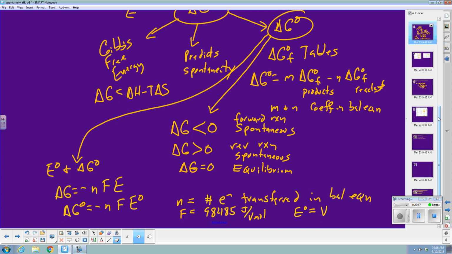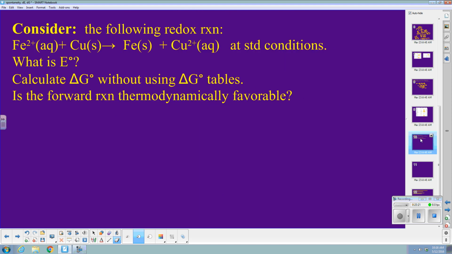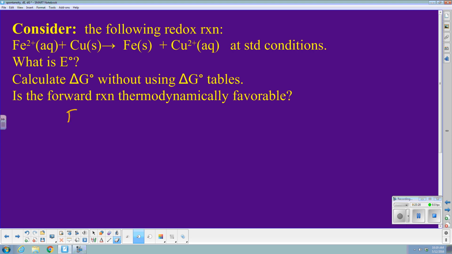So we need our last slides. Here it is. Okay. So first thing you have to figure out is how many electrons are transferred. So we have to look at our actual half reactions, right? So I have iron 2 plus plus 2 electrons going to iron solid.